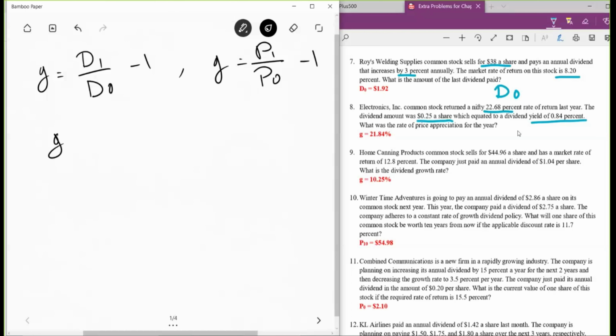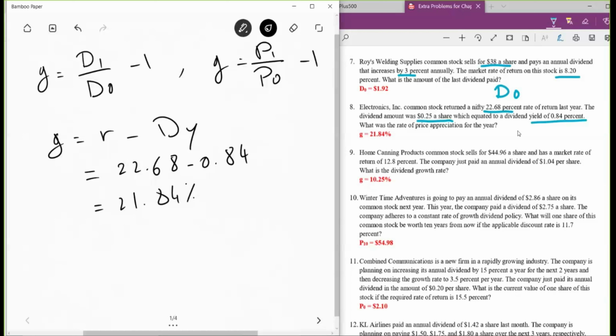The growth rate equals R minus the dividend yield. Because R and dividend yield are given, so I have 22.68% minus 0.84, and the answer is 21.84%.